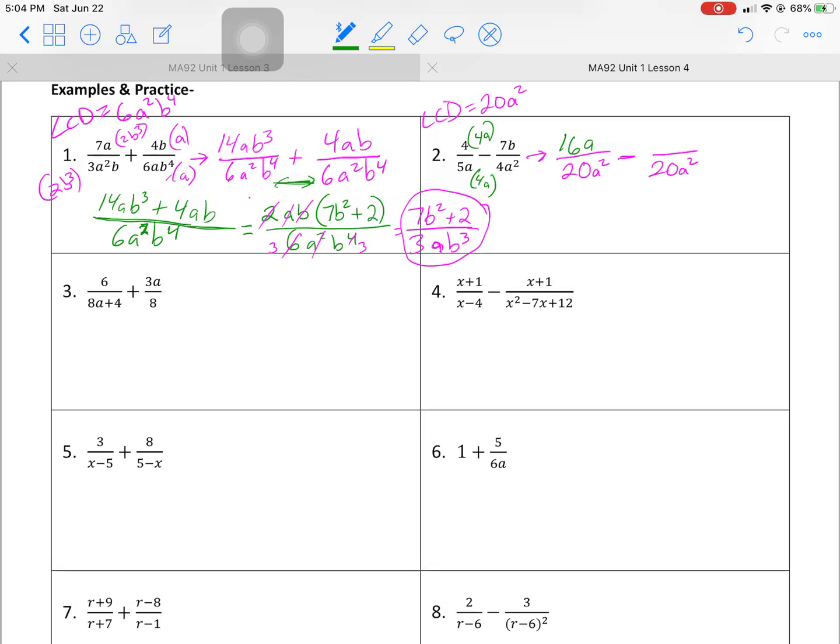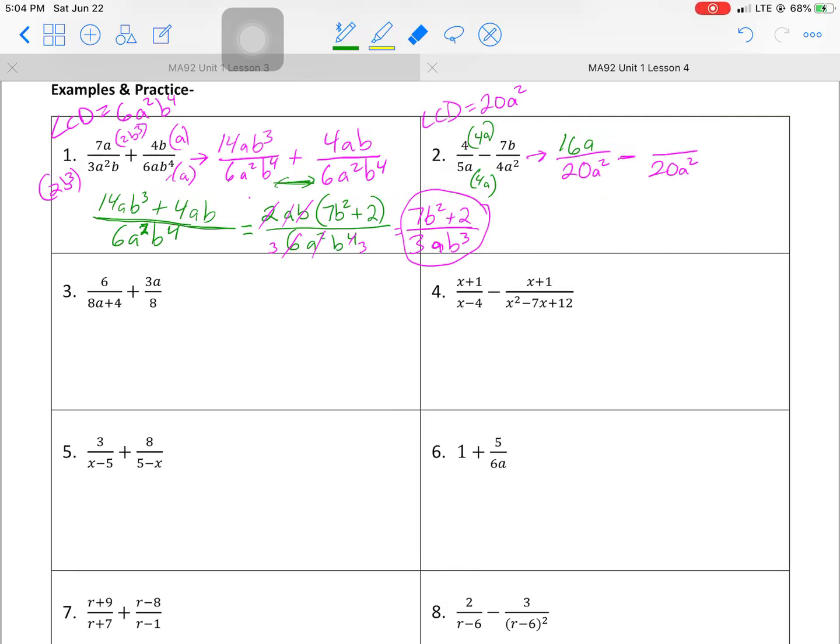Do you get what we're doing? Do I need to write it separately? This definitely equals that, because this got multiplied by 4A, and this got multiplied by 4A. That's all we're doing. And then we're putting them there. I need the space, so I'm going to take that off.